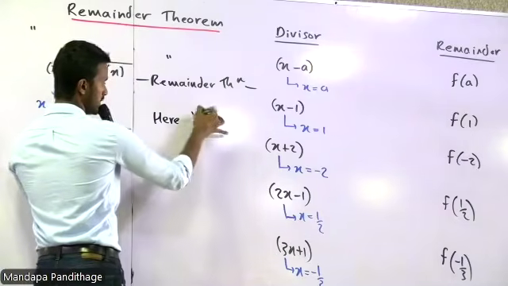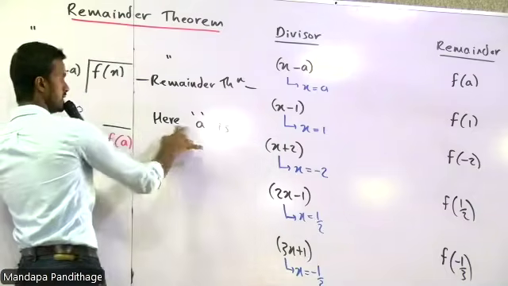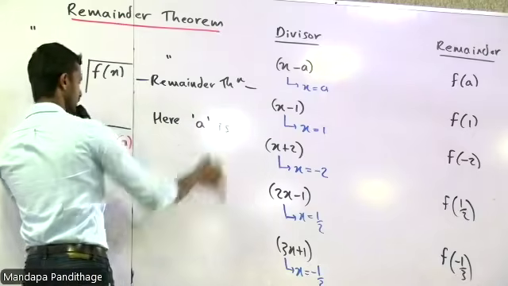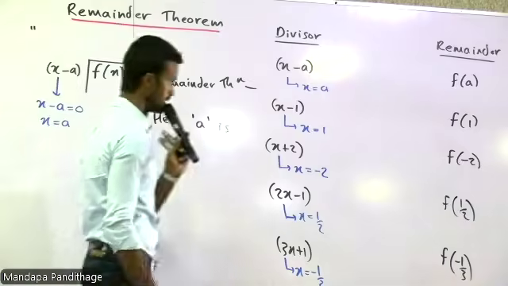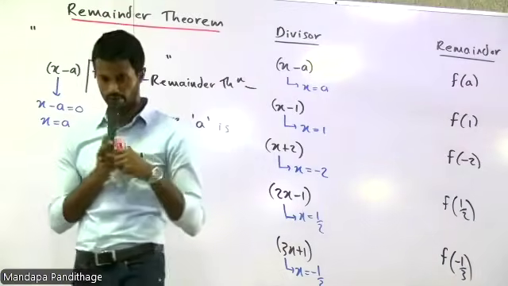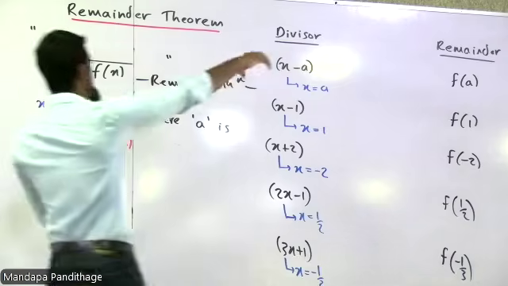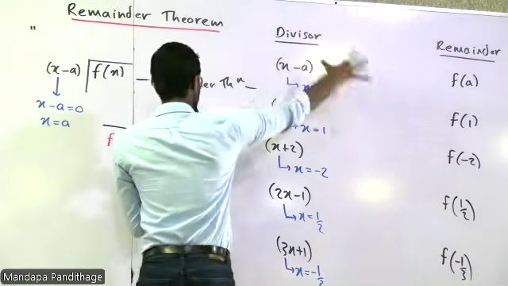Here A is the value of x such that the divisor is 0. Okay, then note this down: divisor and the remainder.